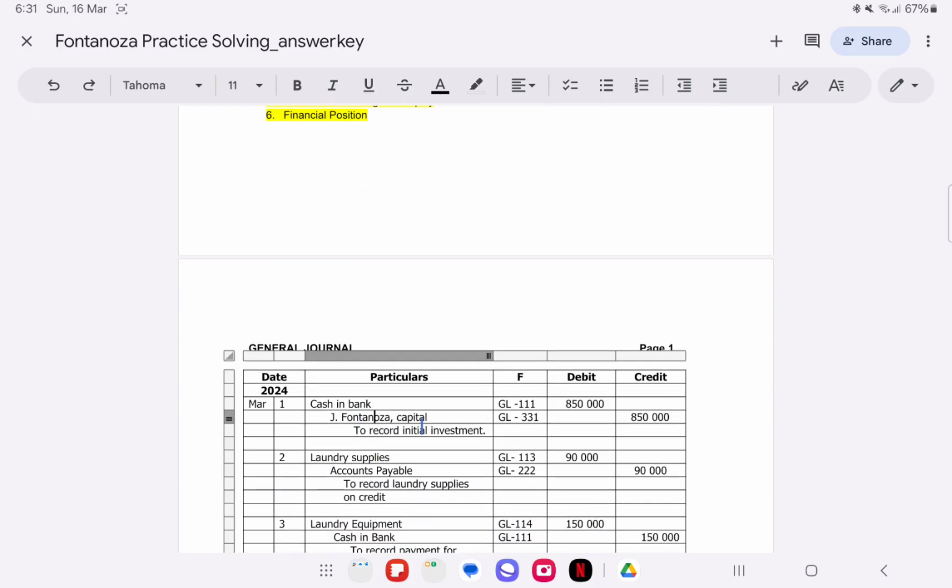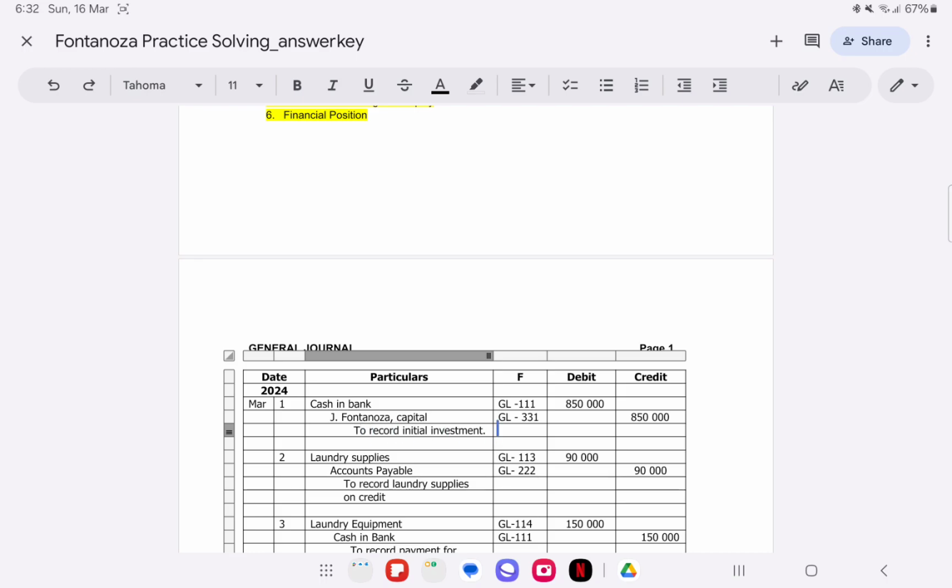J Fontanoza, Capital is our credit, and always remember to indent this, for us to determine which is credit and which is debit. Debit is on the left side and credit is on the right side, so we also need to indent the explanation of our transaction in March 1.